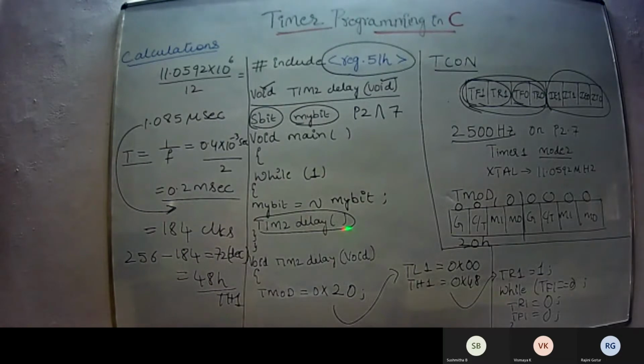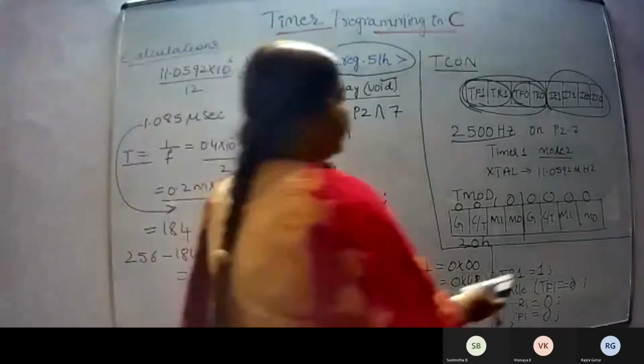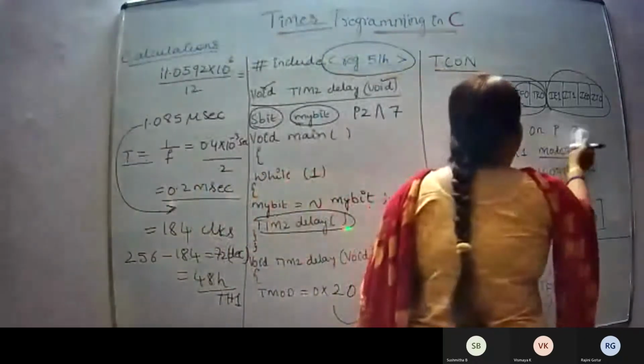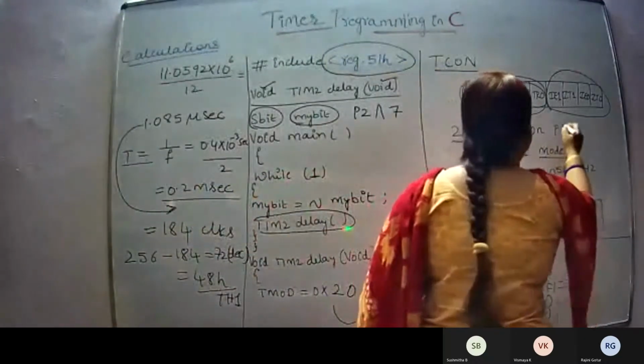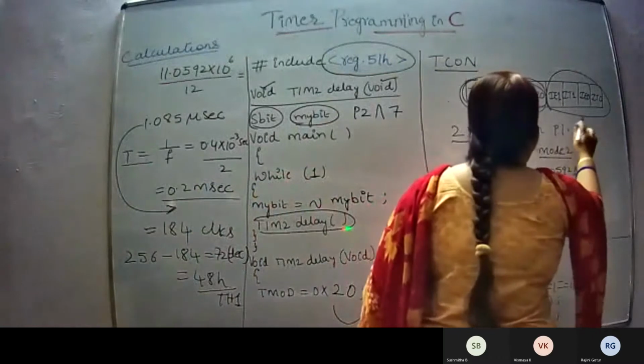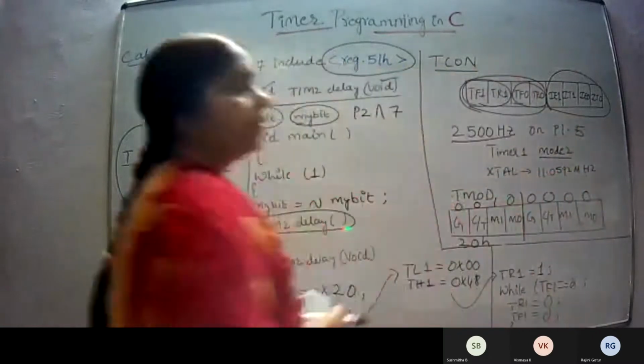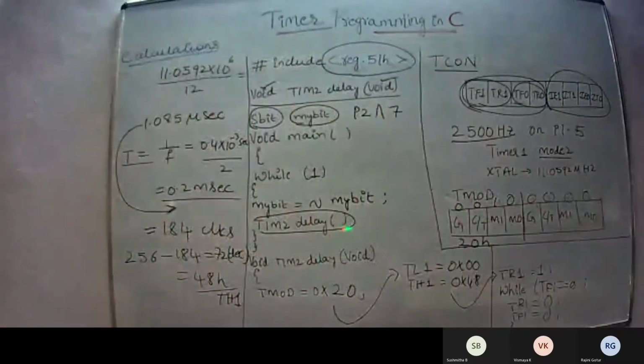Next we'll start with one more example. A switch is connected to pin P1.5. What is the question they have given?